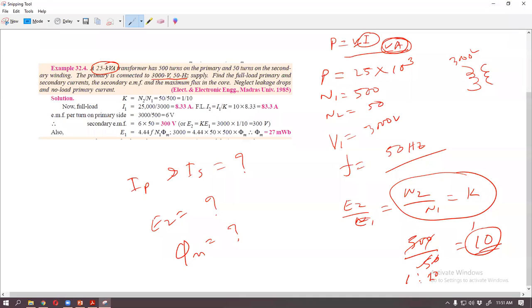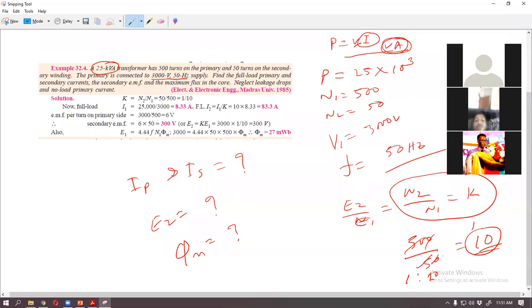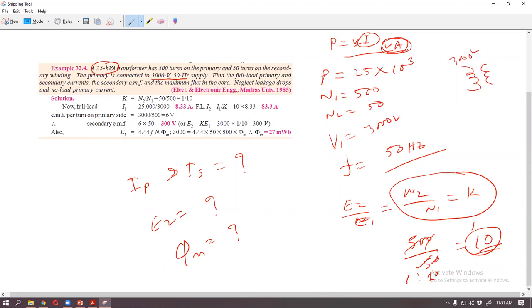If primary voltage is 5, then secondary voltage is 5 into 10, so the ratio is 10:1 from primary to secondary. Okay. So this is the calculation.